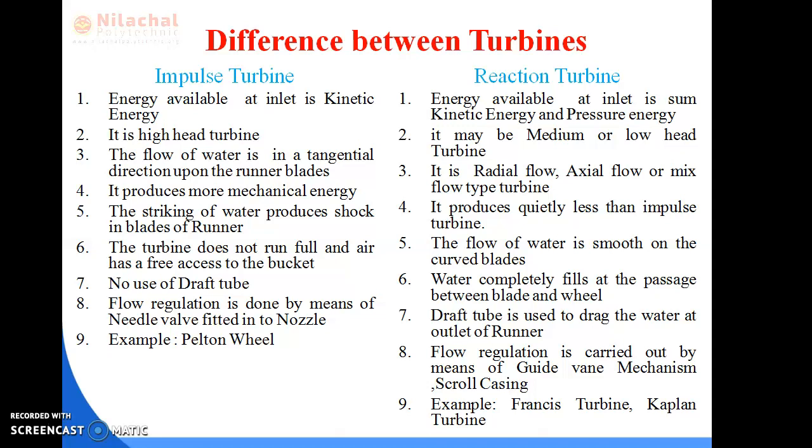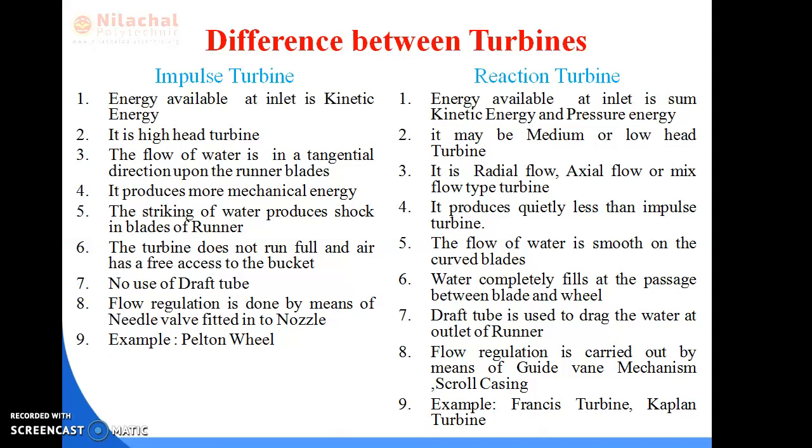In case of an impulse turbine, we use a nozzle, so the energy available at the inlet is totally converted into kinetic energy. Hence kinetic energy is available at the inlet. But in case of a reaction turbine, there is no use of a nozzle, and hence the energy available at the inlet of the turbine is the sum of kinetic energy and pressure energy.